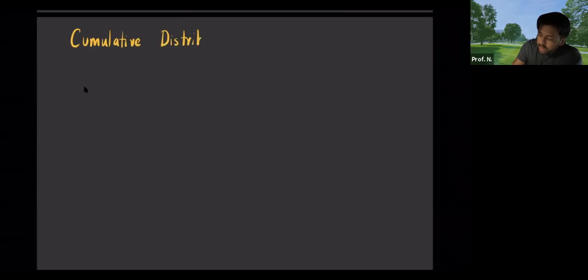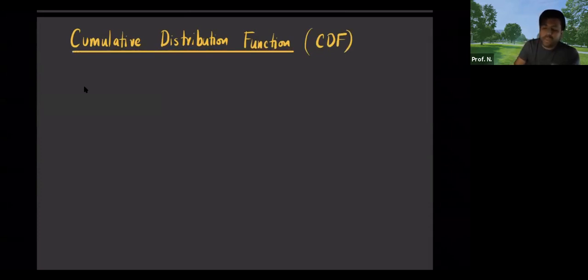Now, I want to discuss 2 extra things about random variables. Okay, so the first thing is what's called a cumulative distribution function. This is also known as the CDF. So we're going to have a lot more abbreviations coming up now.